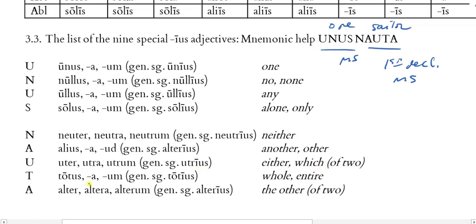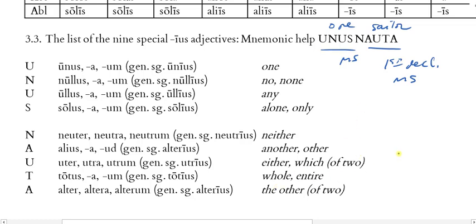Totus, tota, totum. Genitive singular, totius, a whole or entire. And then alter, altera, alterum. And its genitive singular, alterius, the other of two. So there's the one, there's the other out of a set of two.